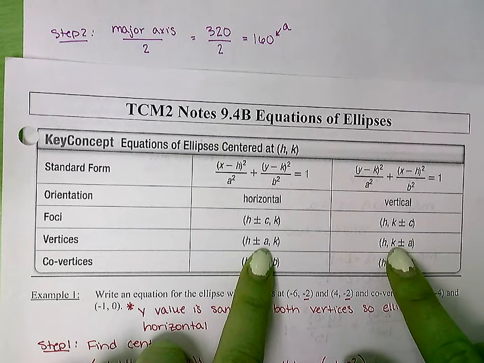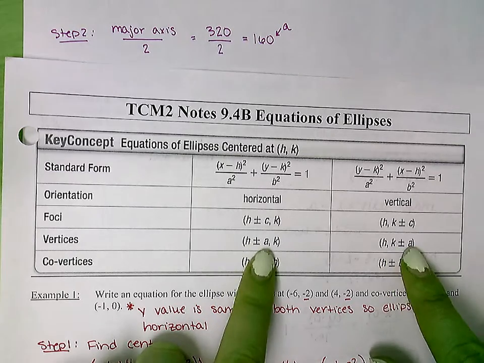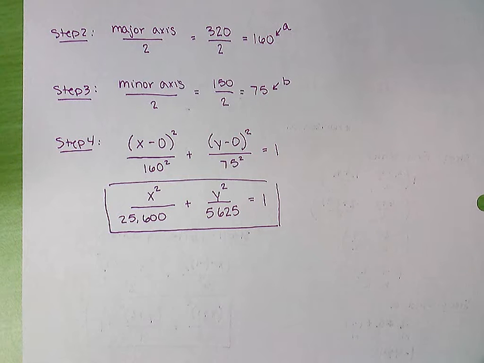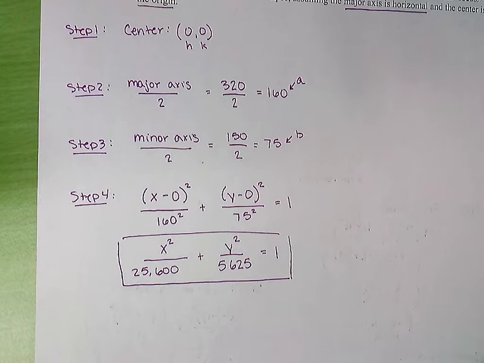Plug in your K value found from finding your center or your H value, and then solve for A. Then same thing for B, and then you can write out your standard form of that equation. Any questions on this one right here? Homework, these are homework.